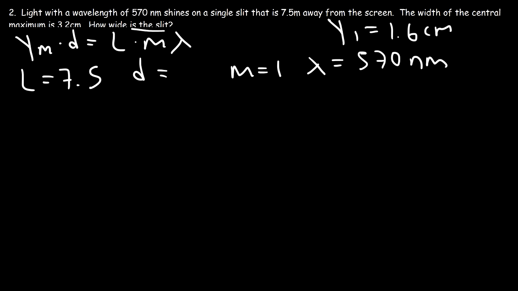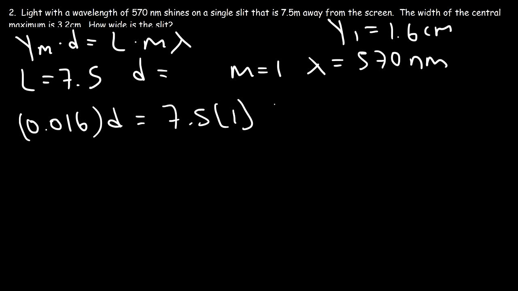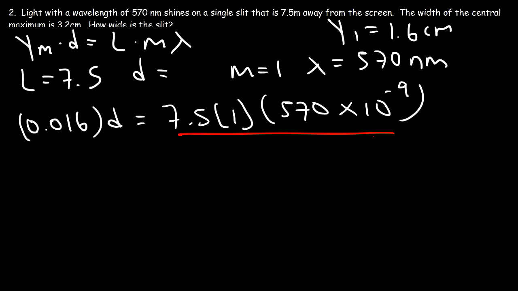So now we could just use this formula and get the answer. So Ym, or Y1, is 0.016 meters times d. L is 7.5, m is 1, and lambda is 570 times 10 to the negative 9. So let's multiply these first. And so on the right side, this is equal to 4.275 times 10 to the negative 6.